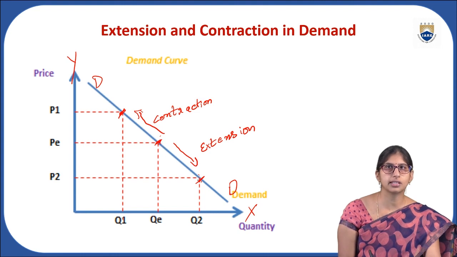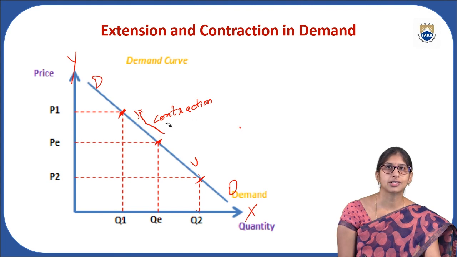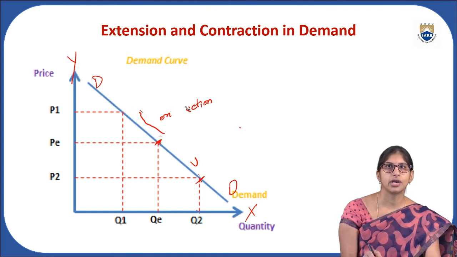From this point to this point, quantity has increased, so the demand curve has extended. This part we call extension of demand, and this part we call contraction of demand. So this is all about extension and contraction of demand and the various demand curves, right?